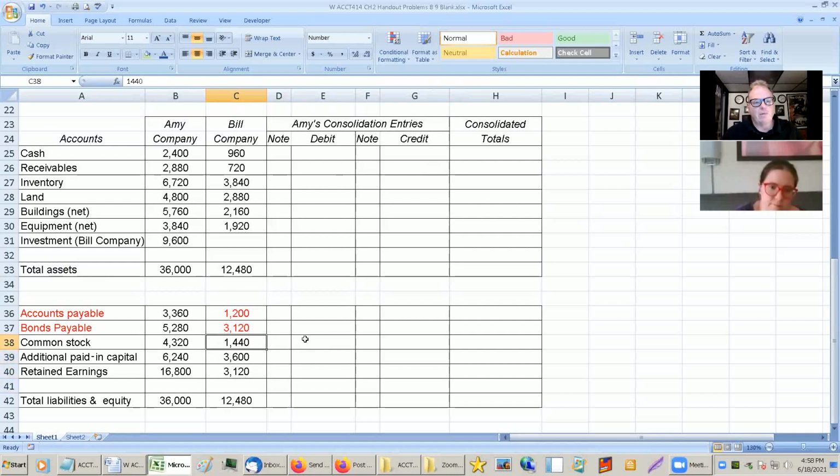So we have to get rid of them, and we're going to get rid of them with debits. That makes sense. All of these are going to go away.